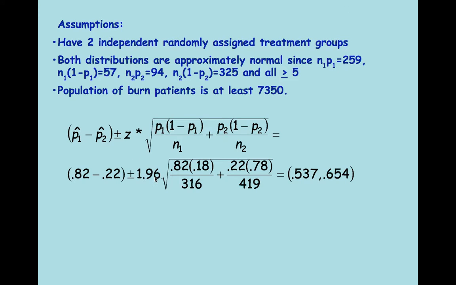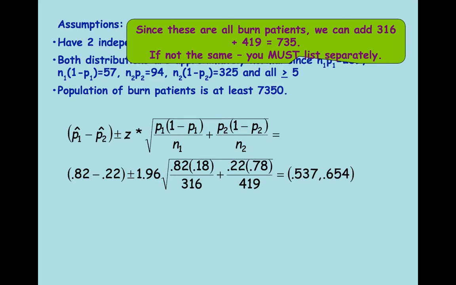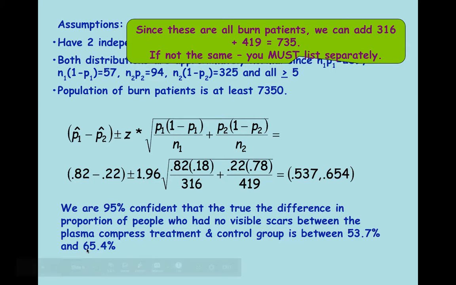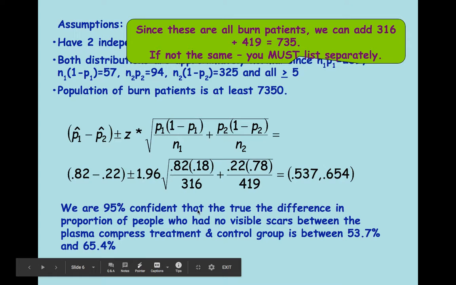We've talked a ton about that. Standard error, kind of straightforward here. Here is our interval, 0.537 and 0.654.